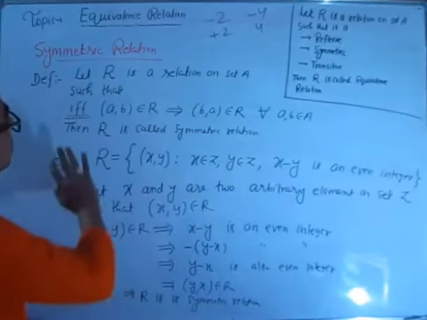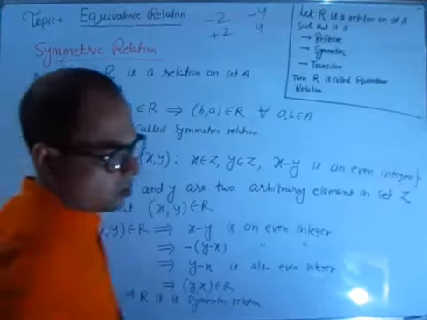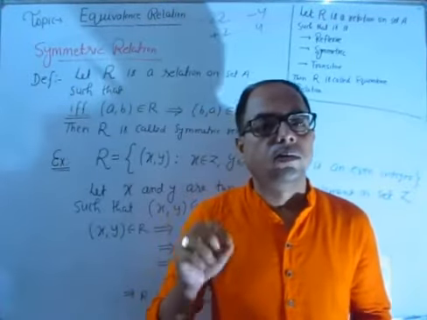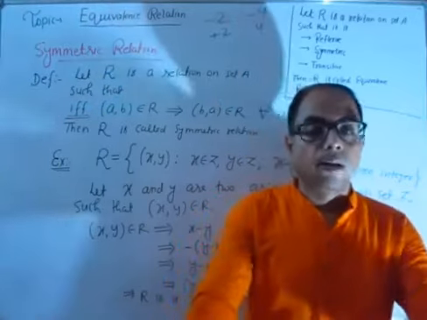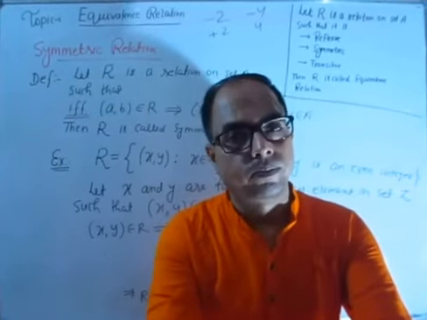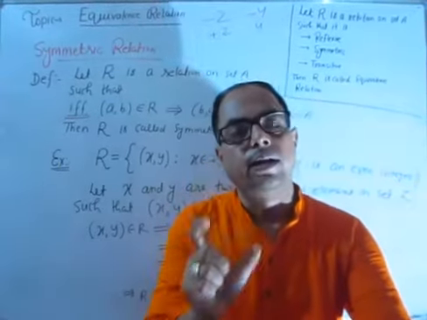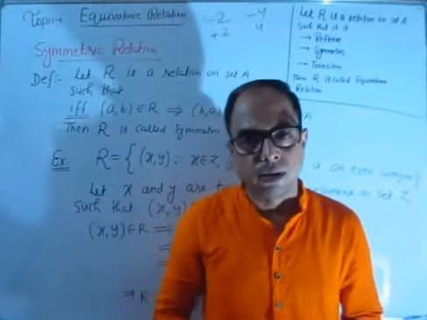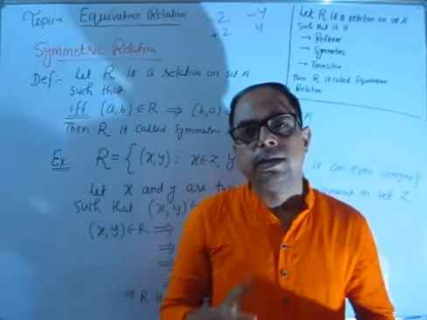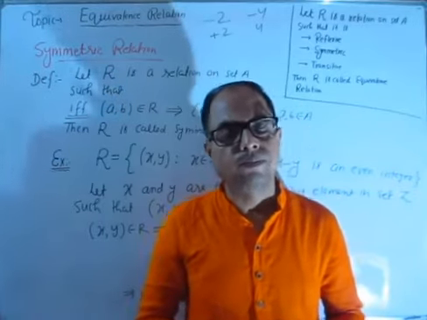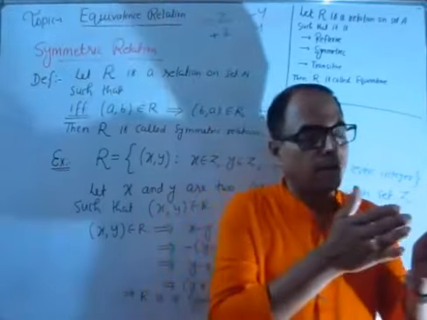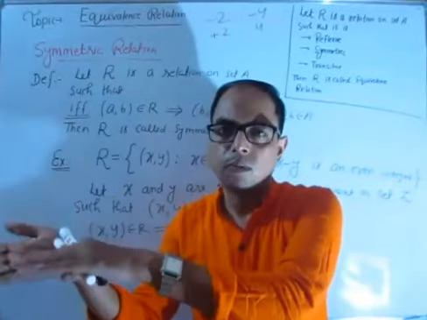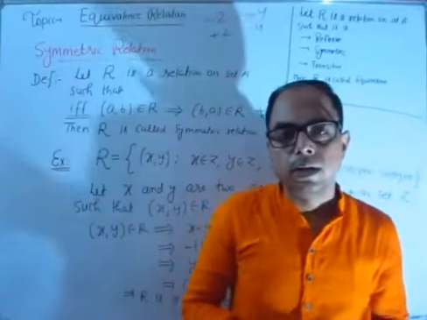So this is all about the symmetric relation. Now let us take some literal examples. Suppose I am taking the relation 'is friend of'. Now is this relation symmetric? The answer is yes, it is a symmetric relation. How? If one person is a friend of another person, definitely the other person will be a friend of the first person.